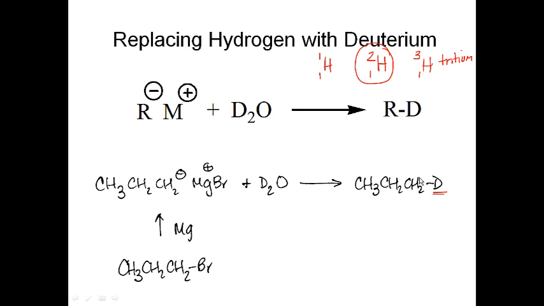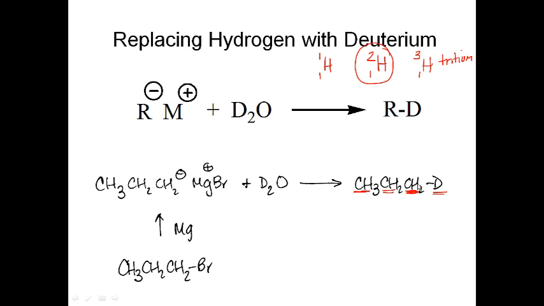And the reason that we use deuterium is because, in essence, it has the same spatial characteristics as a hydrogen, i.e. it's the same size. And so it allows me to differentiate, in this case in particular, between this end of the molecule and this end of the molecule, which now become different because one has a CH3 and one has a deuterium on it.